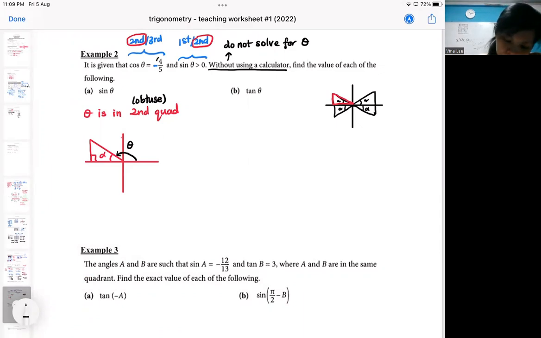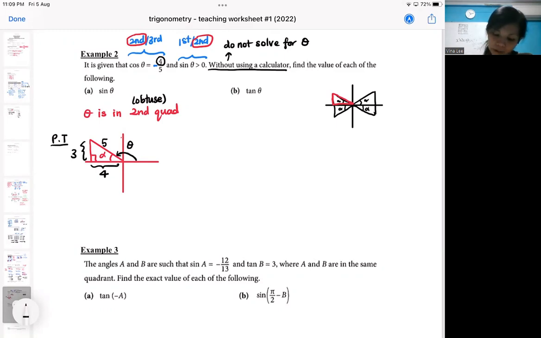So this is a 4. 4 is the adjacent side. This is the hypotenuse. You do your mental Pythagoras, and you will get a 3 here. I will not use -4. Some teachers may use -4, but to me, all the lengths are positive.